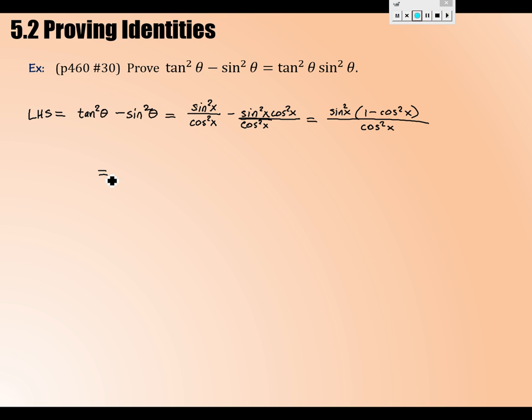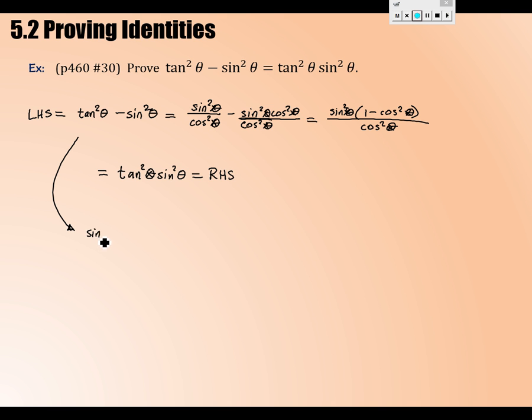Yeah, so that's a tan squared. Maybe we can just do this in one step, huh? And that's a sine squared theta. So I like your way of doing it. Maybe you did it the way I was just suggesting too.